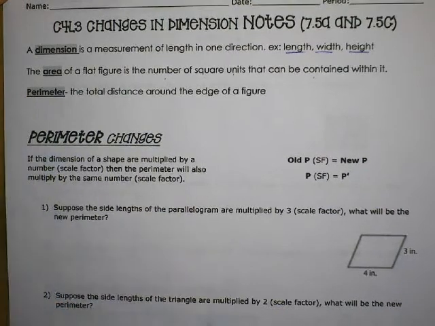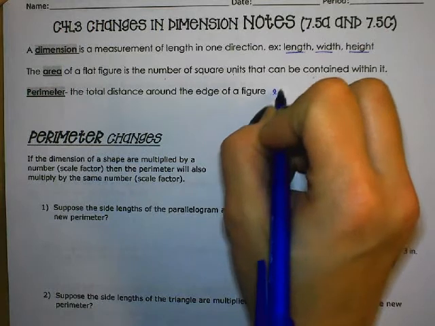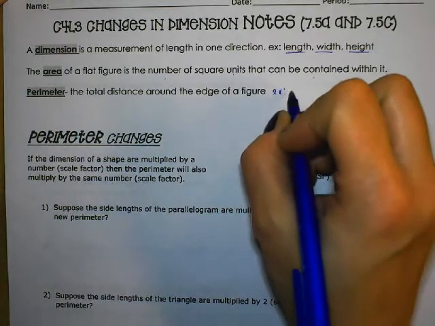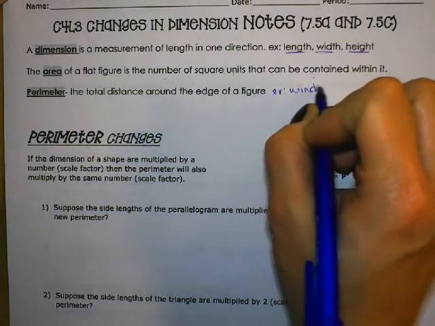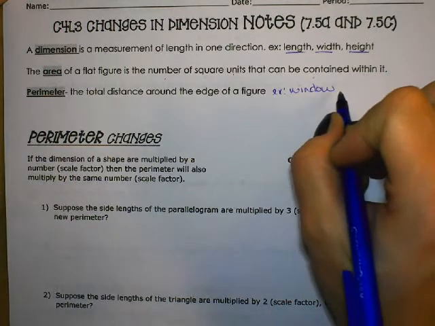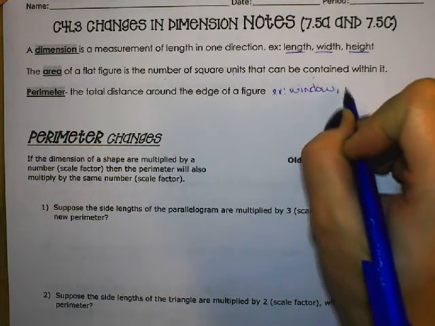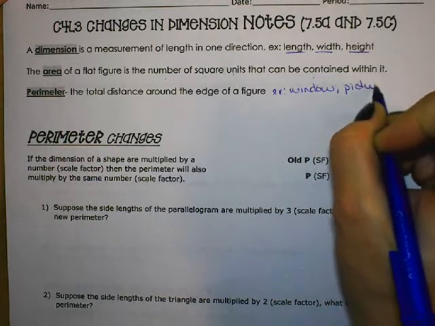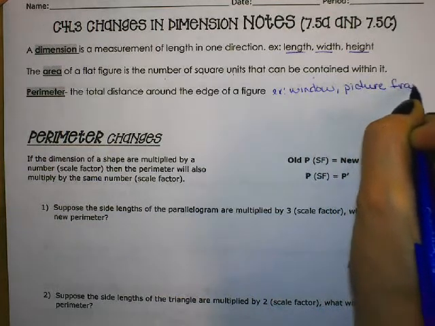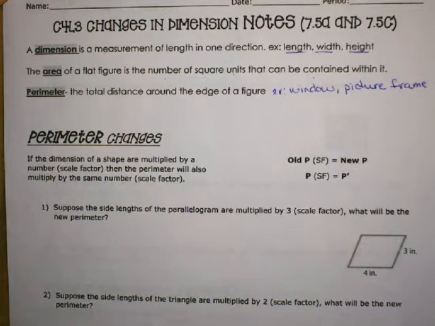The perimeter is the total distance around the edge of the figure. For example, you might see the perimeter of a window. You might have the perimeter, which is the picture frame. There are various other examples of perimeters of figures.